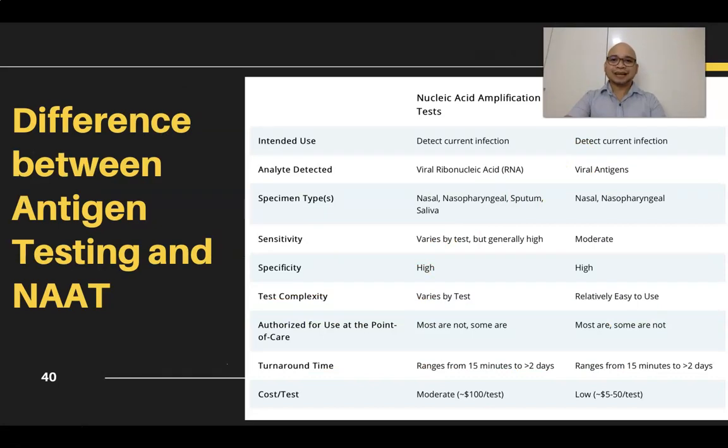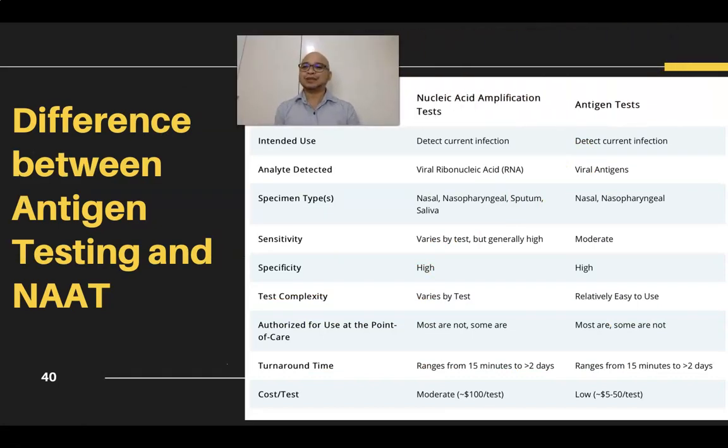Okay, so in summary, what is the difference between the antigen testing and NAAT? So again, when I say NAAT, this could be any of the tests that would require amplification of DNA, such as the RT-PCR or the LAMP test, what have you. Okay, so now the intended use. Both of them would detect current infection.